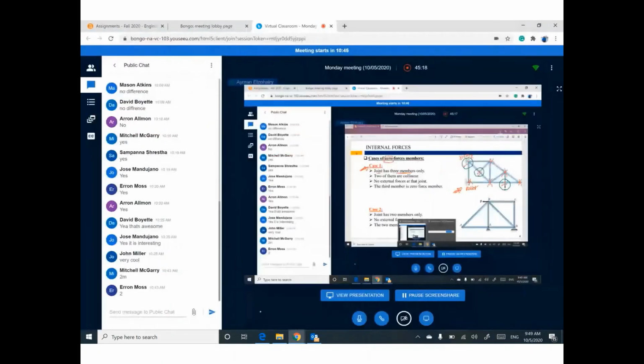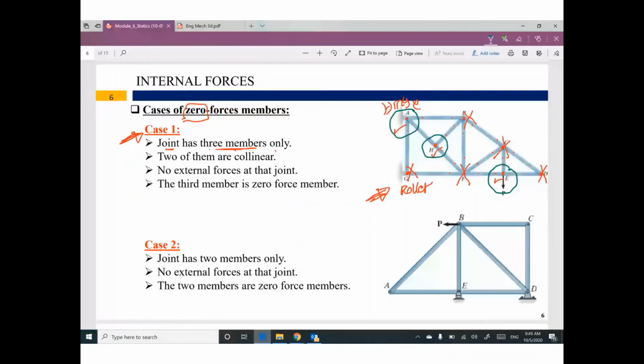So first condition, in first case, look to joint with 3 members only. Second condition, 2 of them are collinear. Do you know what is the meaning of collinear? This member and this member are collinear on the same line.